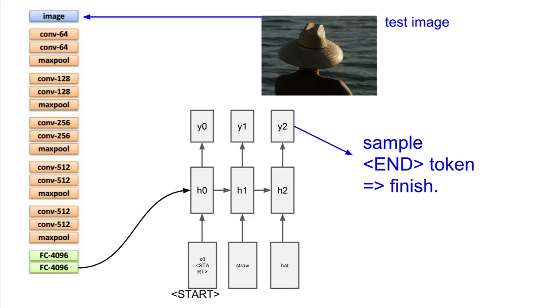Microsoft COCO is probably the biggest and most widely used for this task. But you can just train this model in a purely supervised way and then backpropagate to jointly train both this recurrent neural network language model and also pass gradients back into this final layer of the CNN and additionally update the weights of the CNN to jointly tune all parts of the model to perform this task.